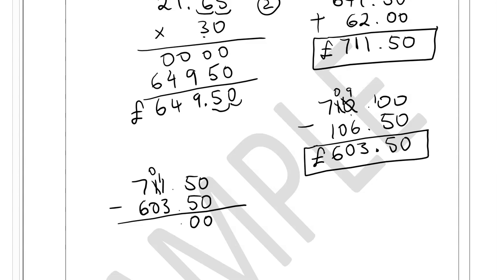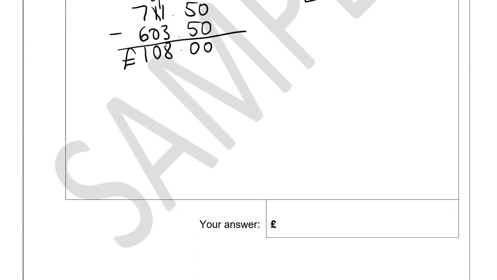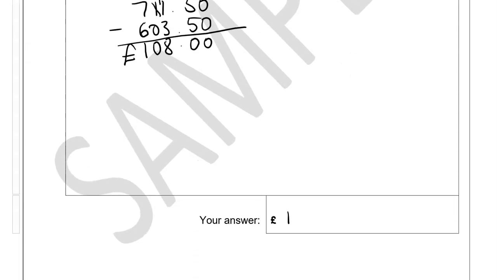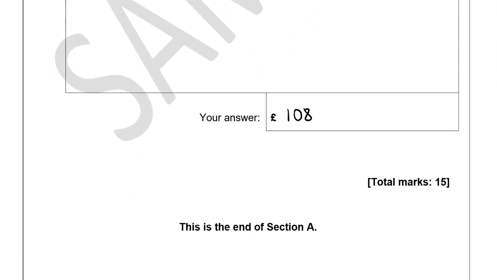So 11 take away 3 gives us 8. 0 take away 0 is 0. 7 take away 6 is 1. So £108. And that's the final answer. So £108. And this is the end of this part.